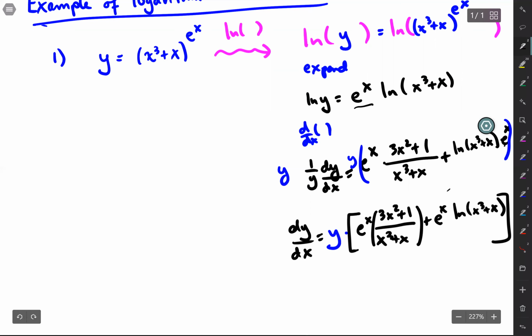Okay, so I just move this e to the x over there. Hopefully you can follow that.